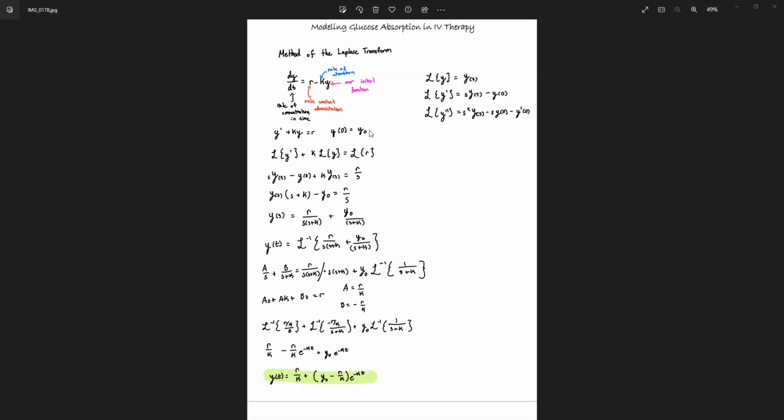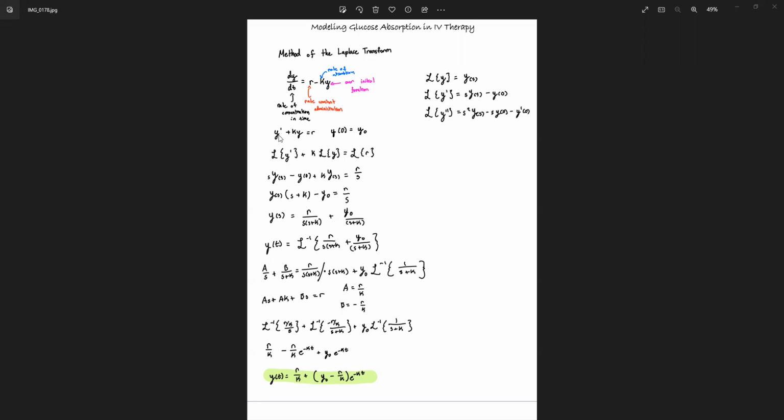To start, we need to know what the Laplace of a function y(t) is and its derivatives. Over here to the right of the page, you can see that we have established the Laplace of y prime and y double prime. So this leaves us with what we have to do next.